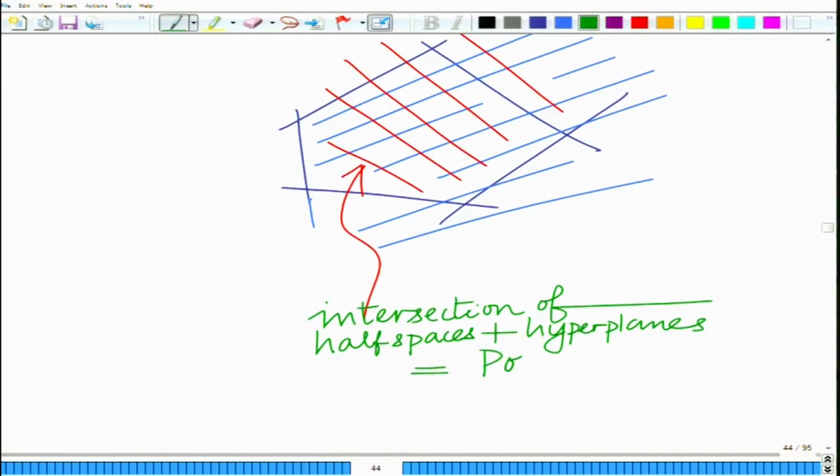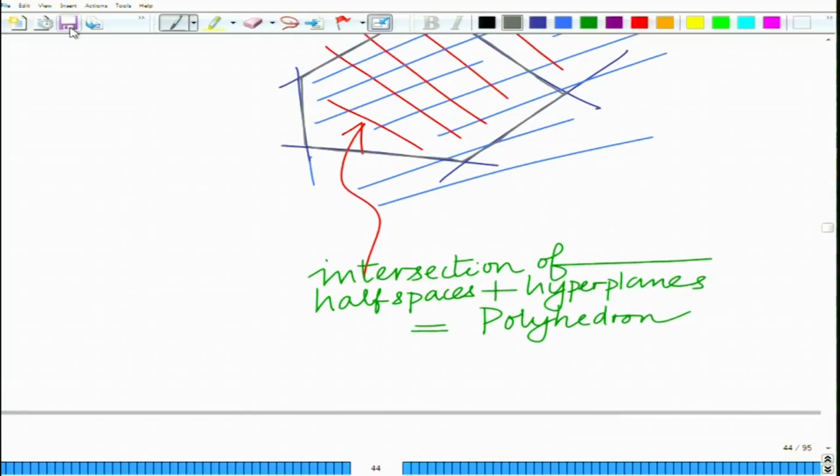This is your polyhedron. That is roughly described by this region, and that basically forms your polyhedron.